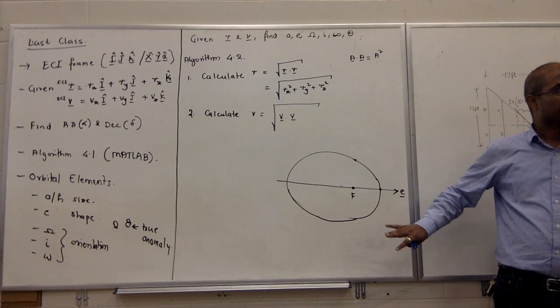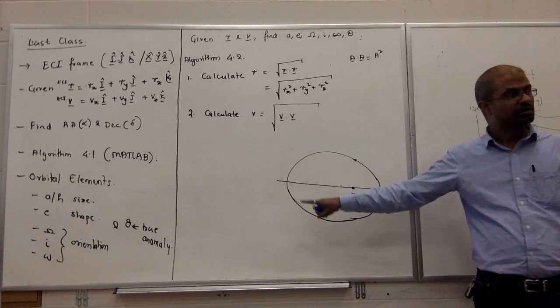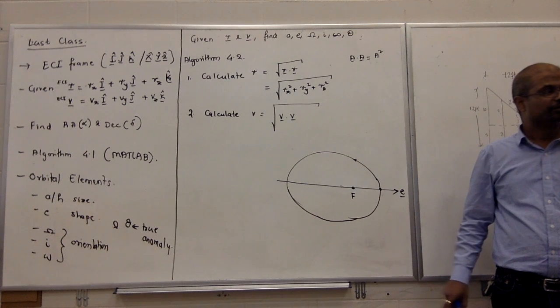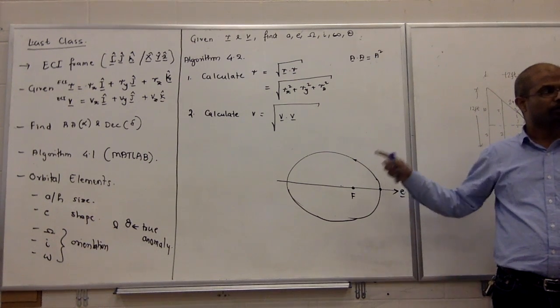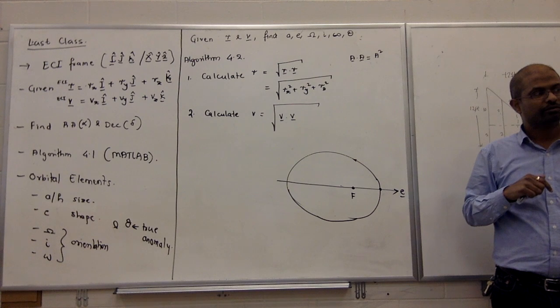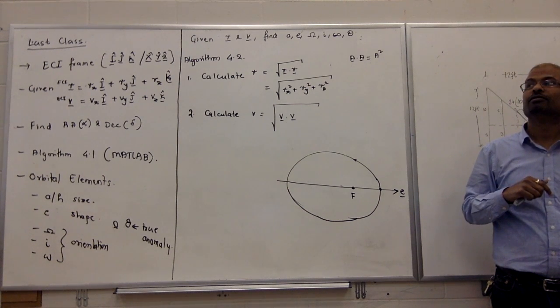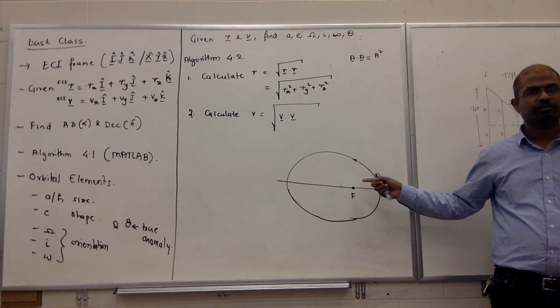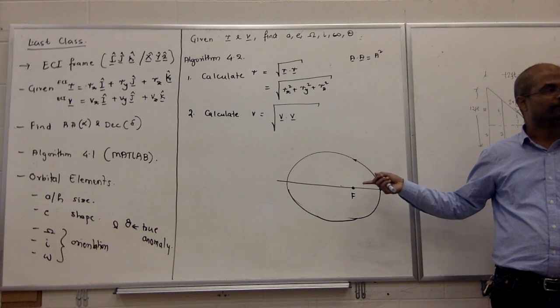So what plane is this right now? What plane did we say? Not the Earth's equation, the equator. I told you what plane this is. Yes, that's the orbital plane.